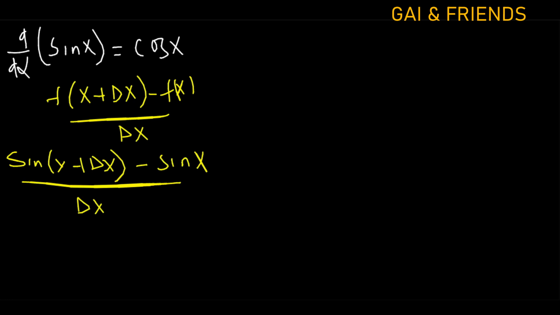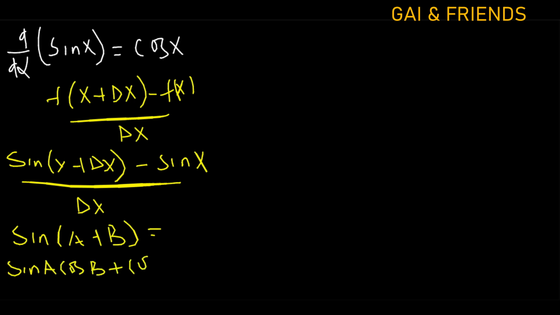And you can remember from trigonometric identities that sine of a plus b is the same as sine a cos b plus cos a sine b. Alright? So let's apply the same principle here.